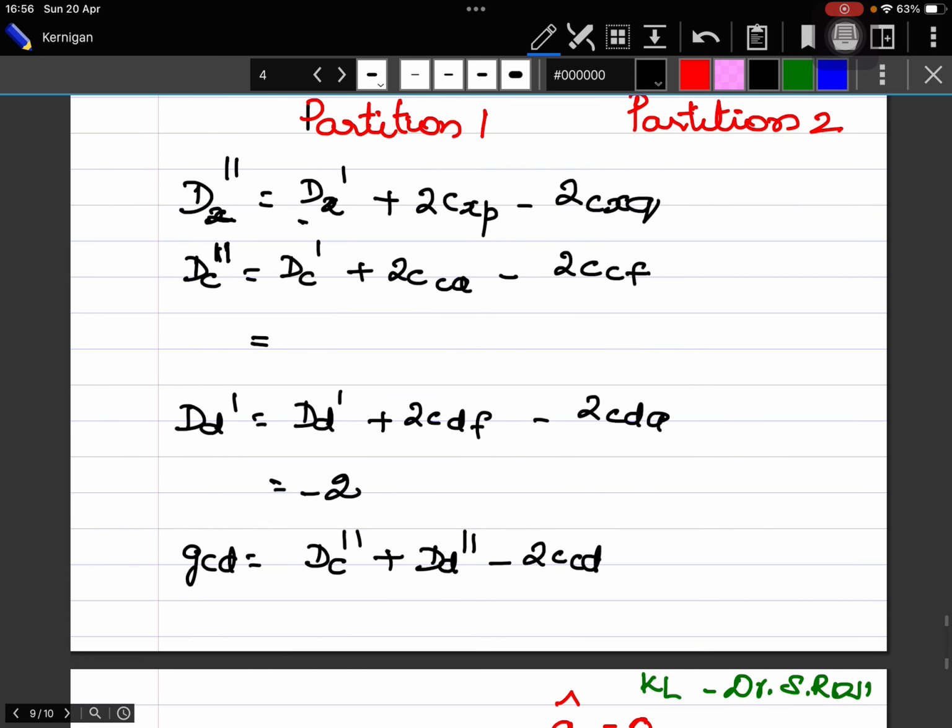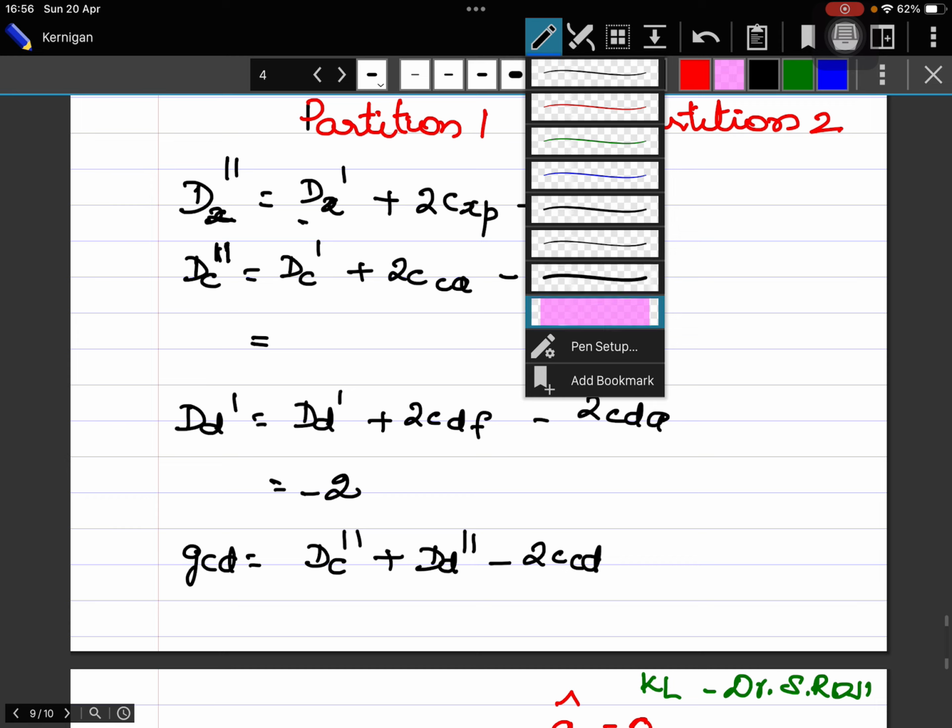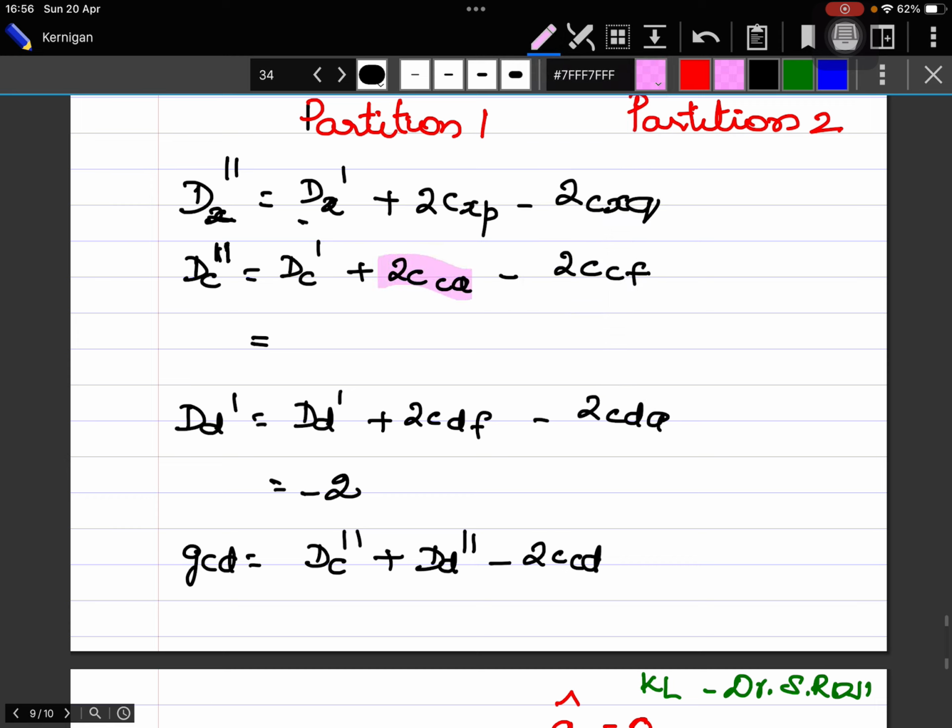Dc double dash is equal to dc dash, which is already calculated, plus 2cca. Why? Now I have swapped A and F. So my C was initially with A. Now my C is with F, right? New partner and initial partner, you remember it that way, right?